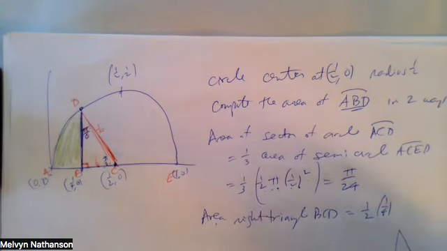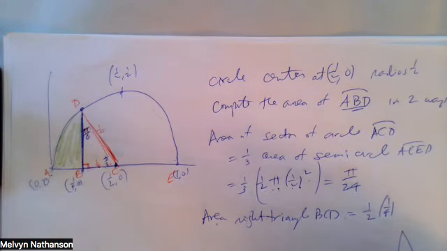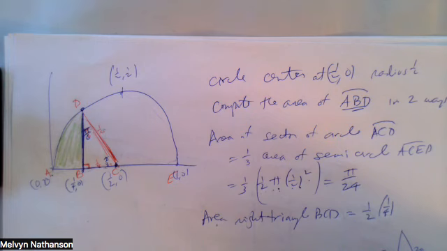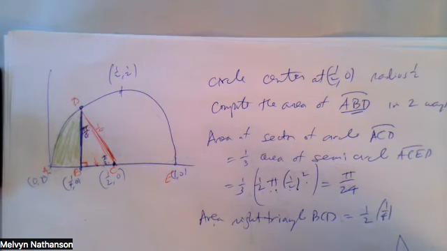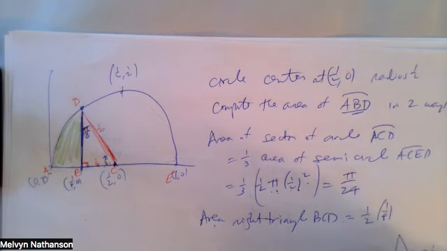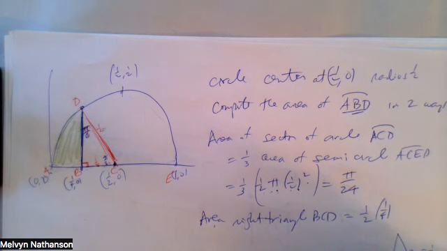So if you have a triangle where this is a and this is 2a, this is root 3a. So when a is equal to a fourth, this is a half, and this is root 3 over 4.